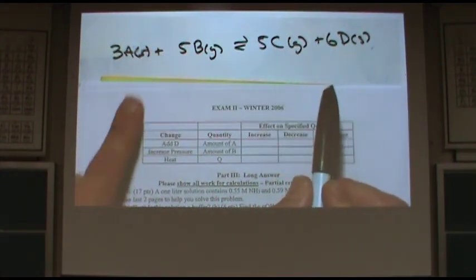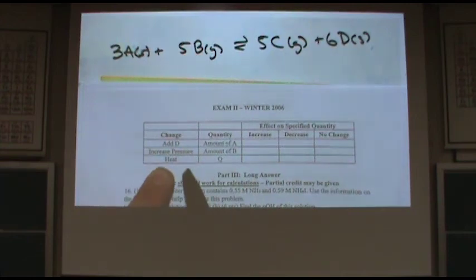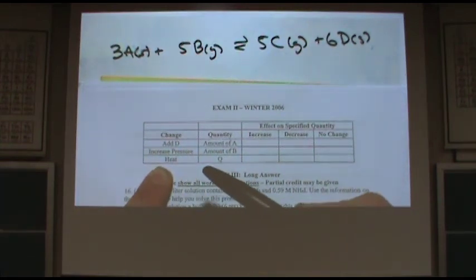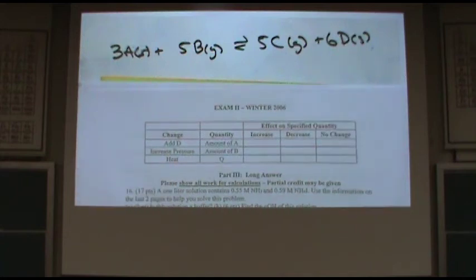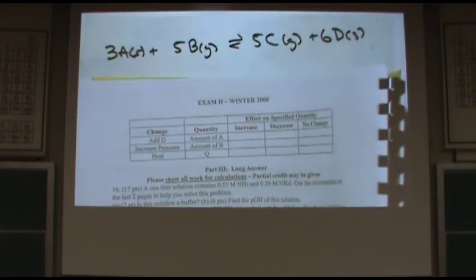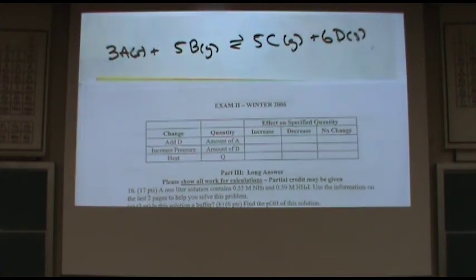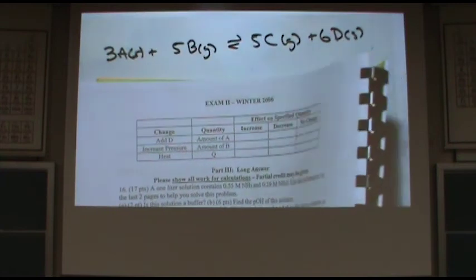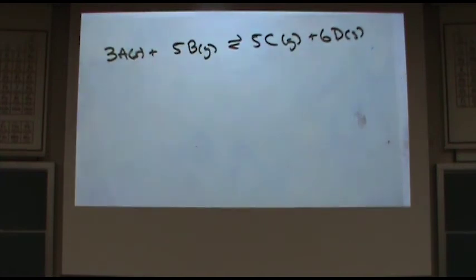Is that okay? All right. Heat. Delta H was 0, so there's no heat. So I presume there's no change again, because delta H was 0. Is that okay? There's nowhere to shift it. There's no heat to speak of.